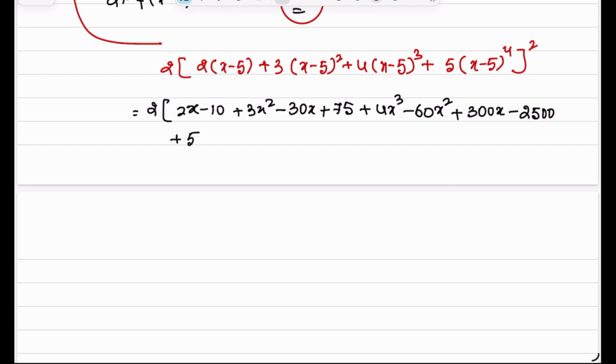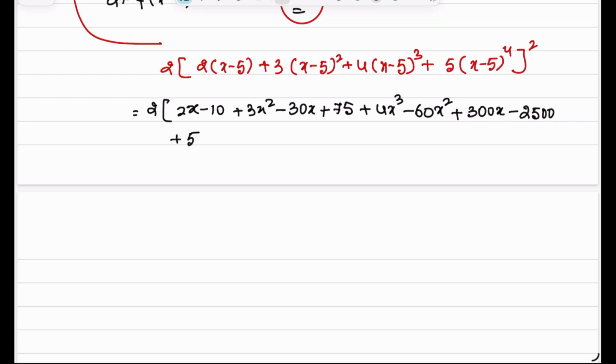plus 5 into, you just see how long it is, but I have given it deliberately so that you will understand the concept. Concept is more important rather than the particular answer, and we have to use the binomial theorem here.